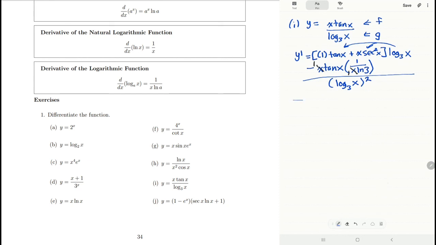So we are left with tangent of x, log base 3 of x, plus x secant squared x log base 3 of x minus tangent of x divided by the natural log of 3, and this is all over log base 3 of x squared.